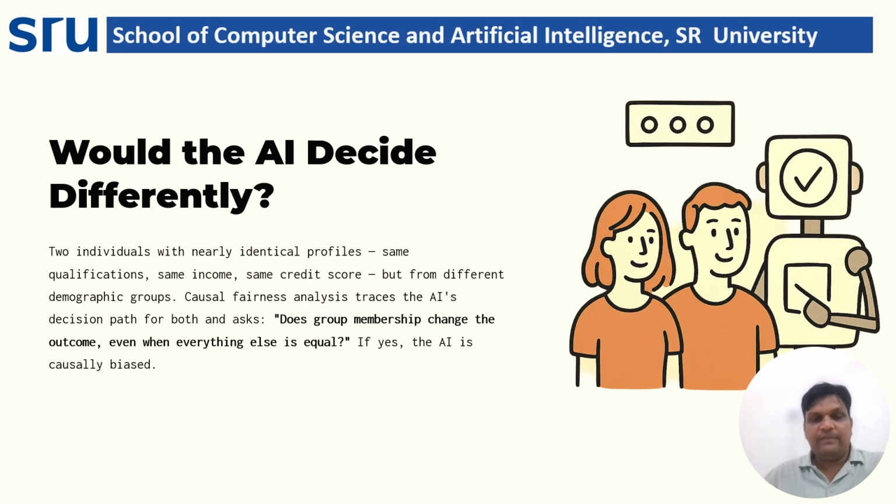Causal fairness analysis traces the AI decision path for both and asks, does group membership change the outcome even when everything else is equal? If yes, the AI is causally biased.